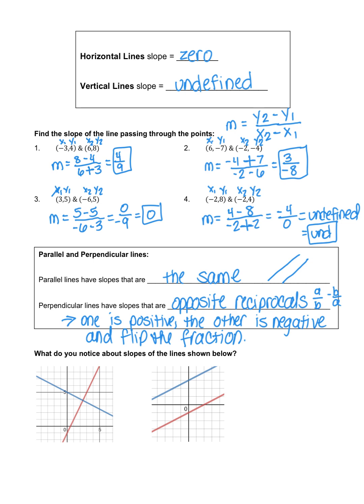Now let's do the bottom part. It says, what do you notice about slopes of the lines shown below? So let's go ahead and start with the blue line. Let's go ahead and find the slope here. So we have this point right here, and we also have this point right here.